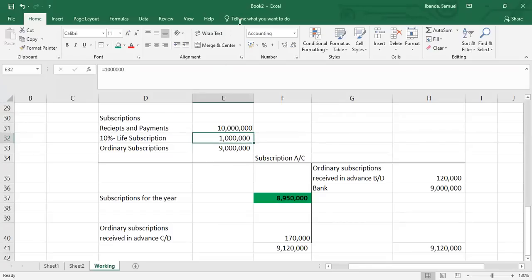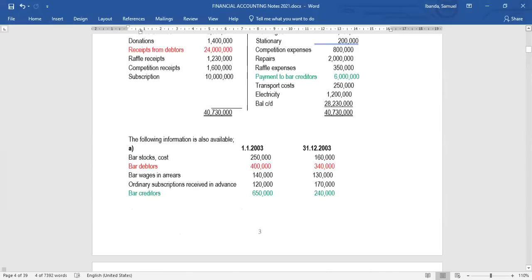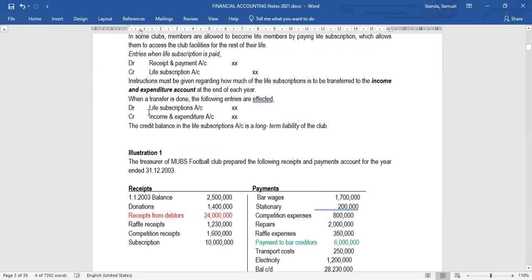Now, remember how we account for life subscription. Every time we make a transfer, we should debit our life subscription account and credit the income and expenditure account, okay?